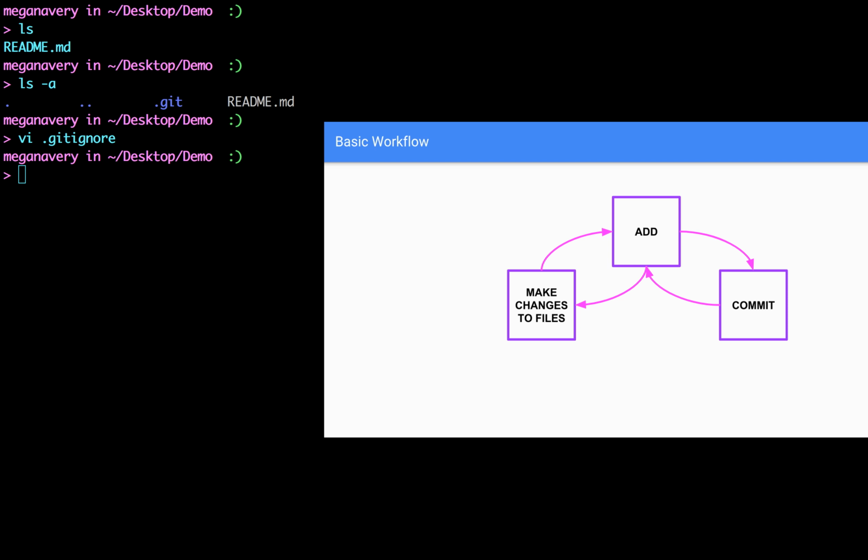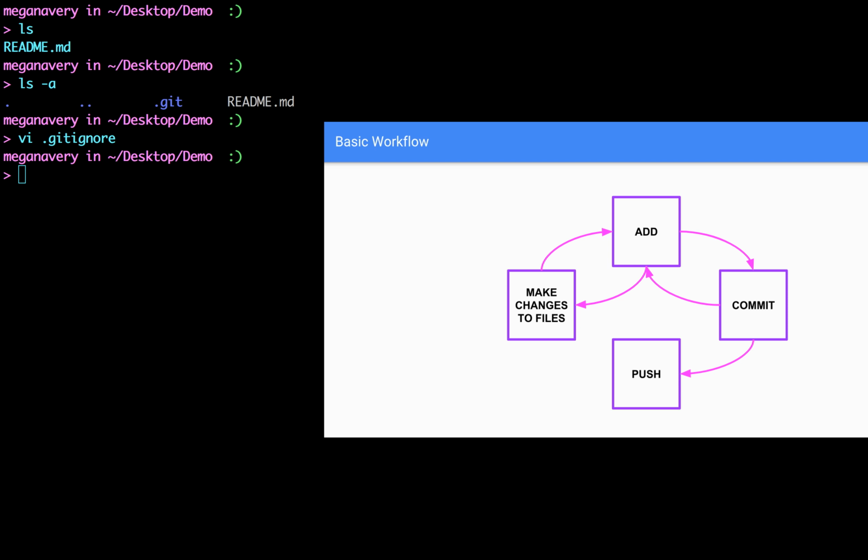And every time I do a commit, I'll get a new commit hash. And then I can keep committing, maybe multiple commits all at once until I'm ready to push. And at that point, when I push, it just takes all of the commits that I've done since the last push and pushes them to my remote repo.